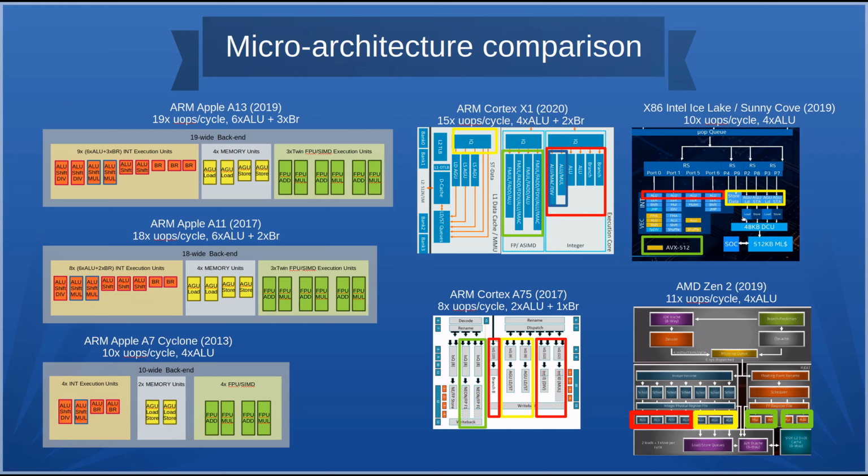You can see Intel has 2 store pipelines, and it has 4 memory address generation units. So it has 6 pipelines for only 4 ports for the execution. So it has more than 50%.